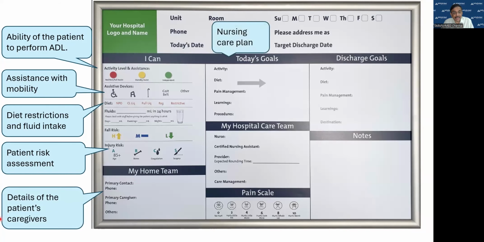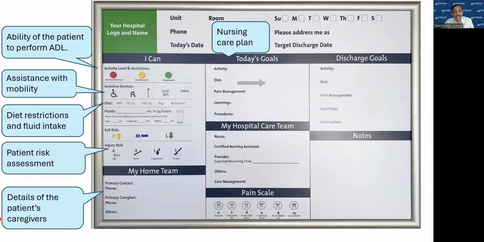Then you come to the nursing care plan. What are today's goals in terms of activity, diet, pain management, and what are the learnings from yesterday which you want to educate the patient on? And what procedures need to be done for that particular day? Do they need to go for an X-ray or MRI? All those things are there.